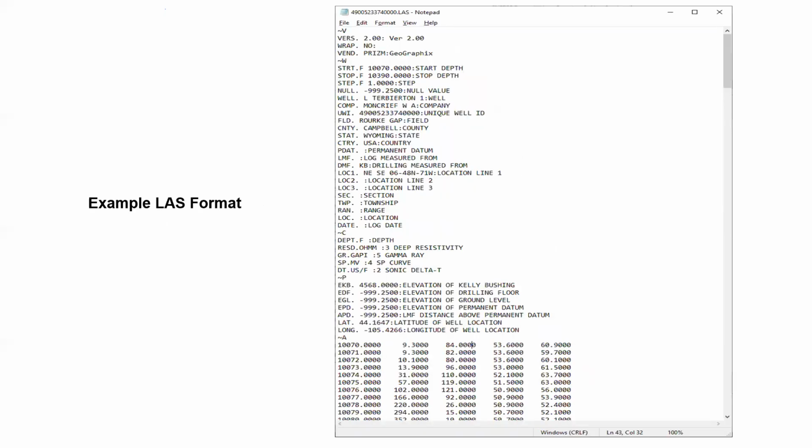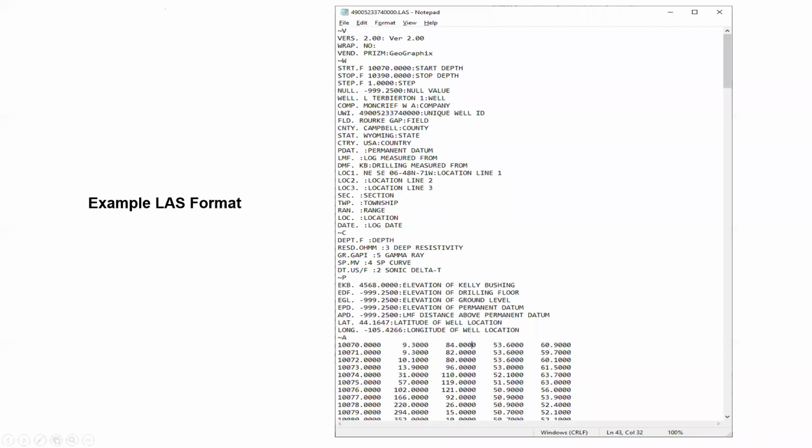I just want to mention that if you are trying to convert your LAS file into ASCII, what I need to do is remove all of the blocks above the attribute block. Means if this LAS file is to be converted into the ASCII format, then I need to remove the version, well header, curves, and petrophysical parameters blocks from this area. And after that, the remaining columns automatically show your ASCII format.